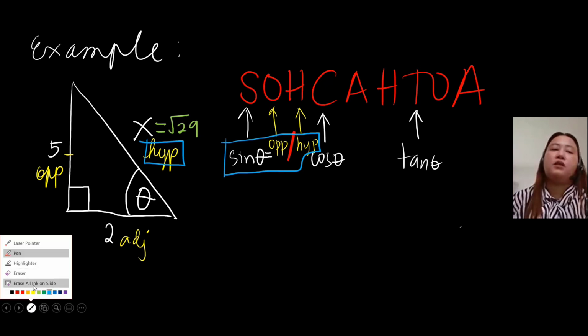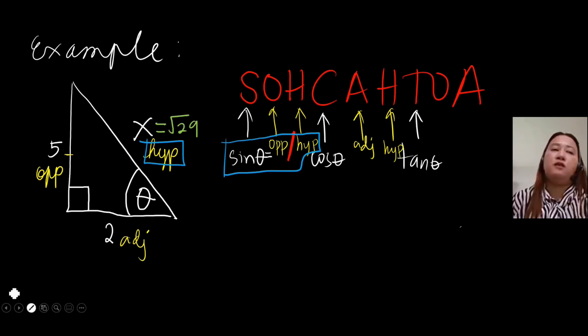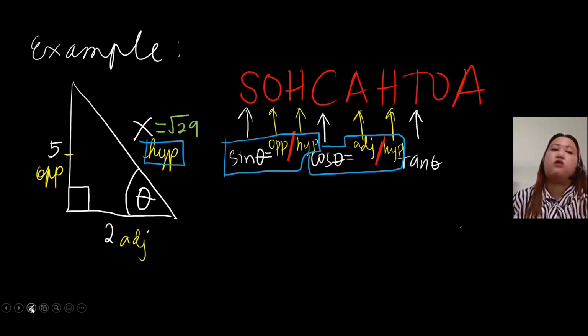And then for cosine, since A is adjacent and H is hypotenuse, it is the same. You just complete this by putting equals and then a slash in between the adjacent and the hypotenuse. So the formula for cosine is cosine theta equals adjacent over the hypotenuse.